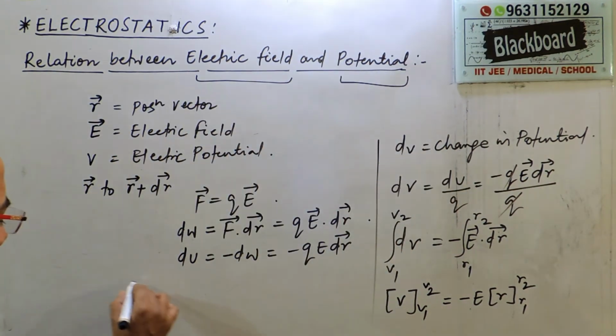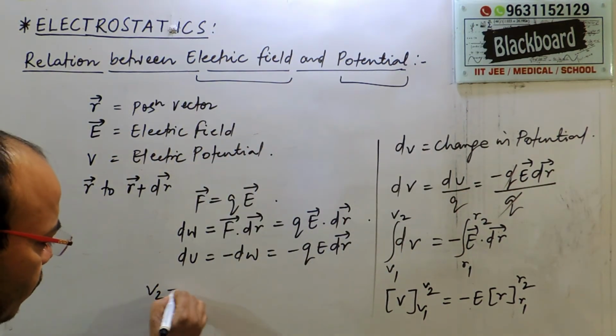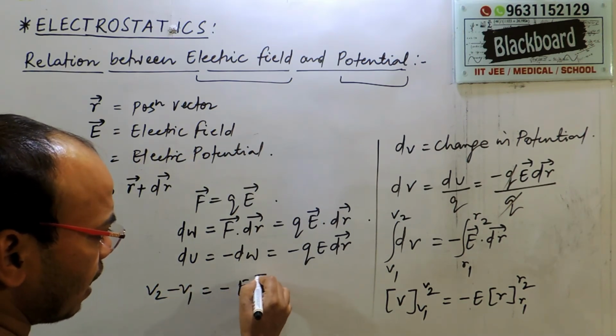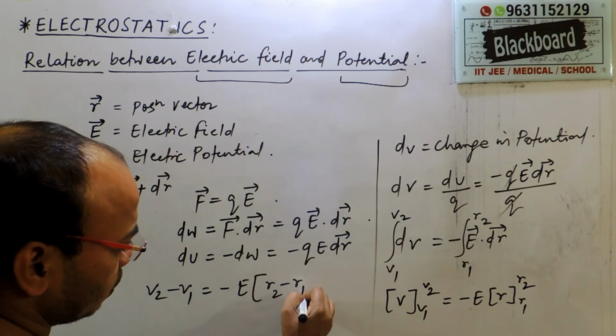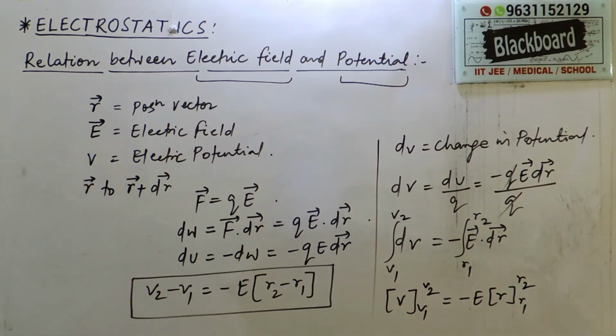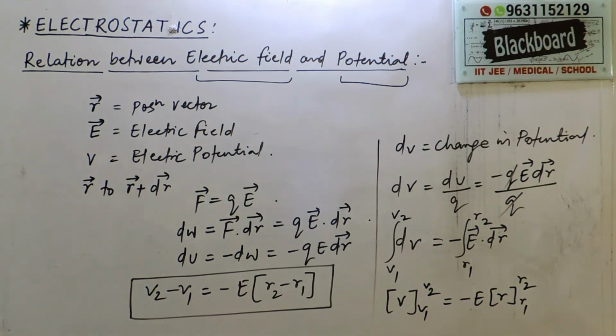That means this value will be V2 minus V1 is equal to minus E, and this is R2 minus R1. Now close the bracket. This is your relation between potential and electric field.